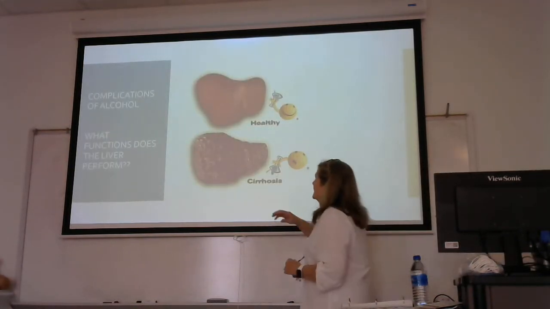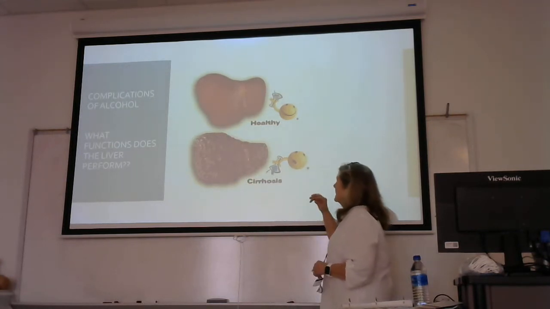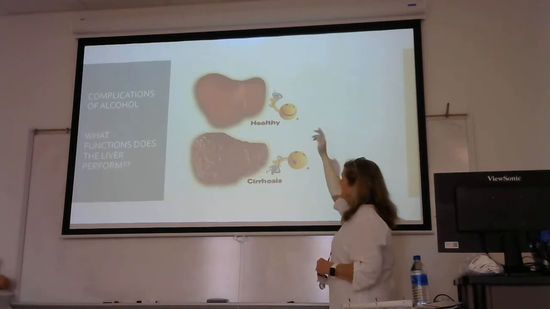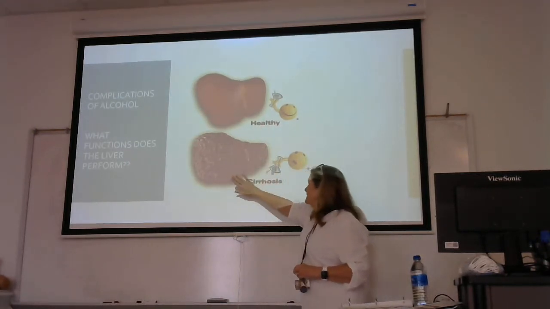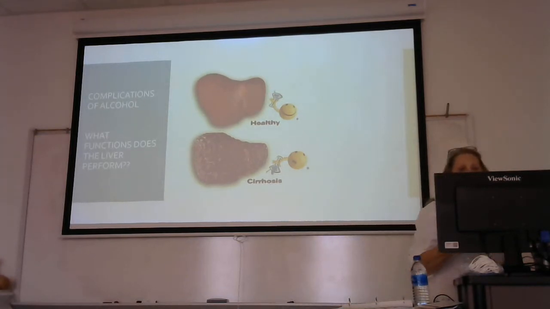Now, as I said, the liver takes the brunt of this. This is a healthy liver, and this is a cirrhotic liver. And what happens is, as that liver gets hit over and over and over again, it eventually will scar and get hard, and it can't do its job.